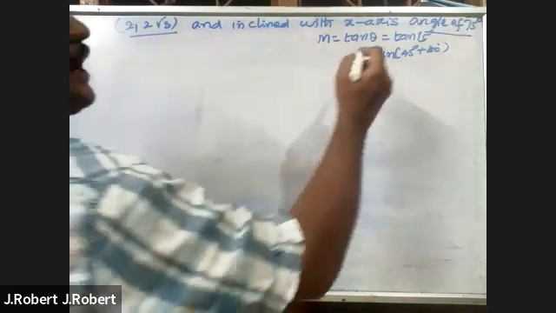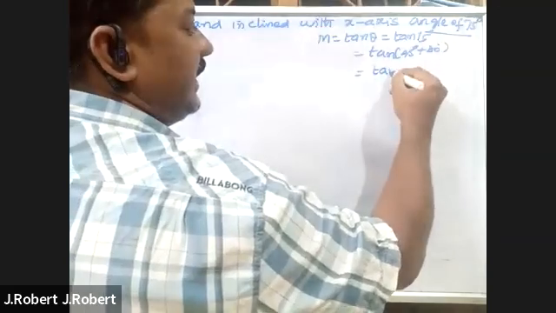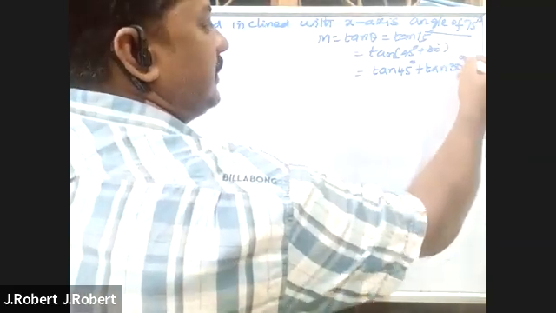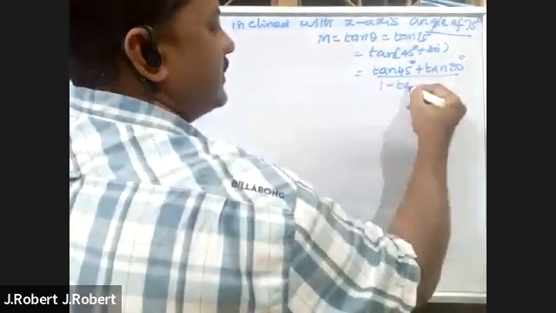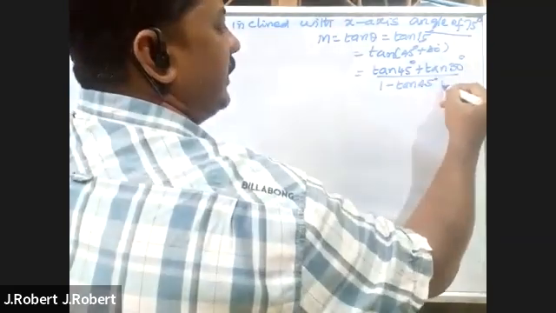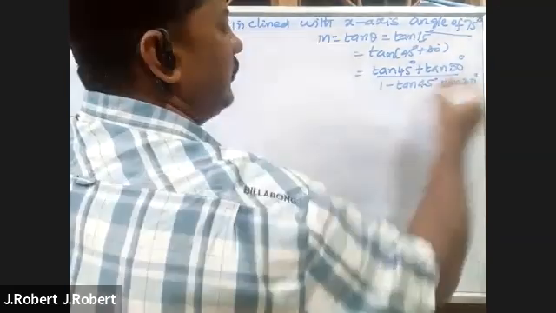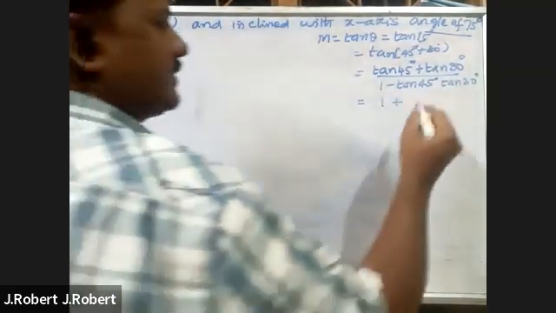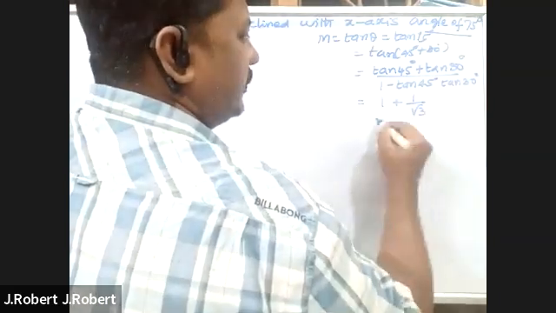Now the tan of a plus b formula: tan 45 degree plus tan 30 degree divided by 1 minus tan 45 degree tan 30 degree. Your tan 45 degree is 1 and tan 30 degree is equals to 1 divided by root 3.